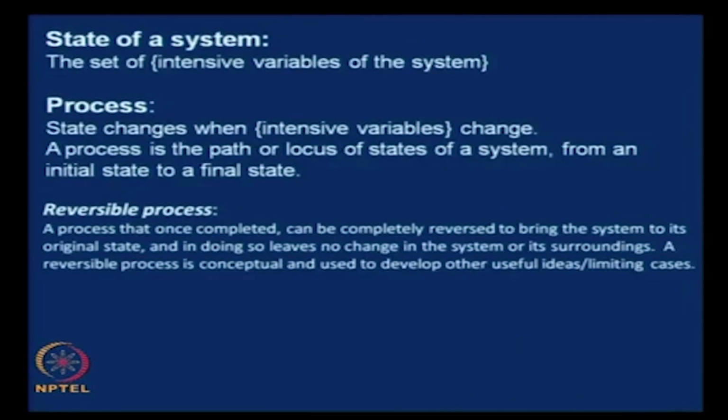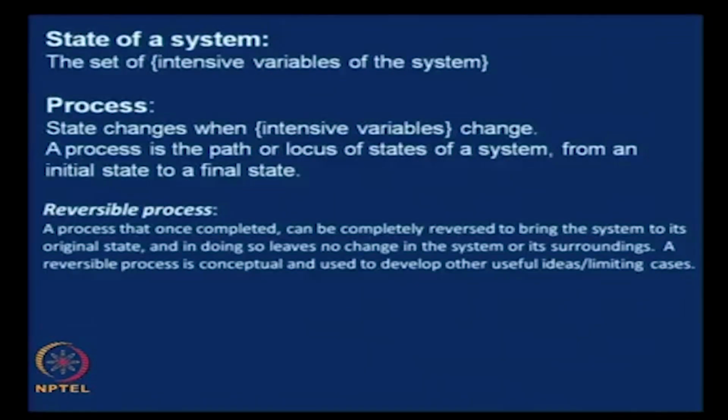That is what it says here. A reversible process is conceptual and it is used to develop other useful ideas or limiting cases. A reversible process is a process that once completed can be completely reversed to bring the system to its original state, and in doing so it leaves no change in the system or its surroundings.